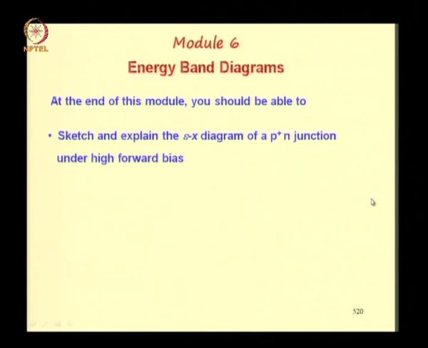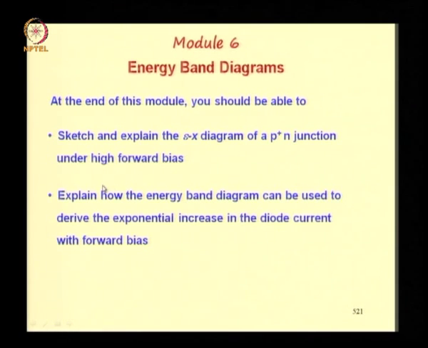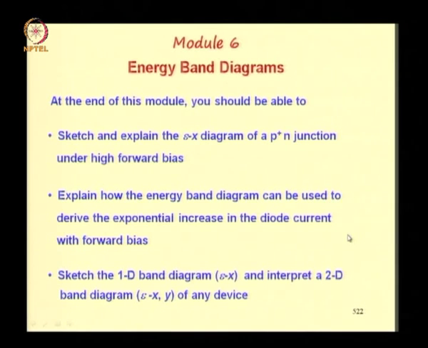You should be able to sketch and explain the Ex diagram of a P plus N junction under high forward bias. Explain how the energy band diagram can be used to derive the exponential increase in the diode current with forward bias. And finally, sketch the one-dimensional band diagram and interpret a two-dimensional band diagram of any device.